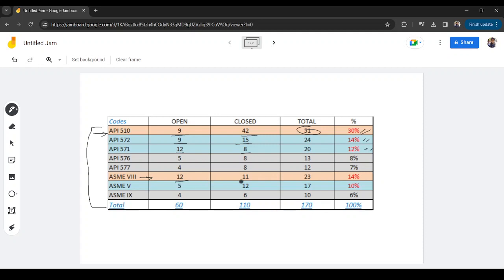Open book 12 questions and closed book 11 questions, approximately 14% of the examination weightage. Next is ASME Section 5: open book 12, closed book, total 10% examination weightage. If a person does these 5 things correctly, then they'll be able to pass the examination.